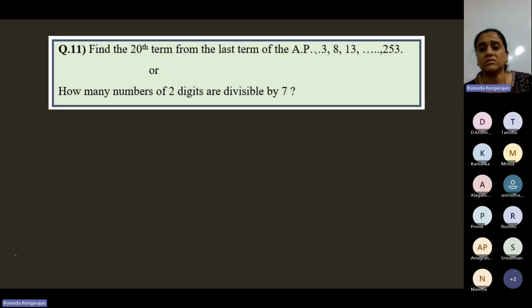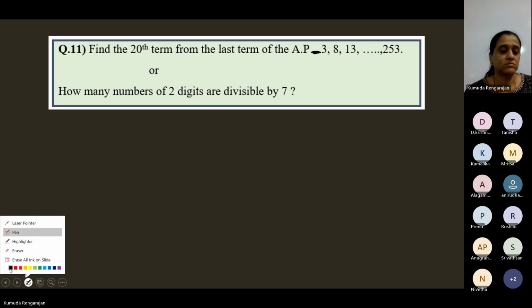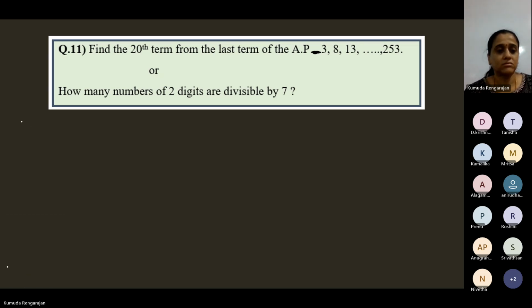There are no dots here. 51. Okay. Now go on to find the 20th term from the end.